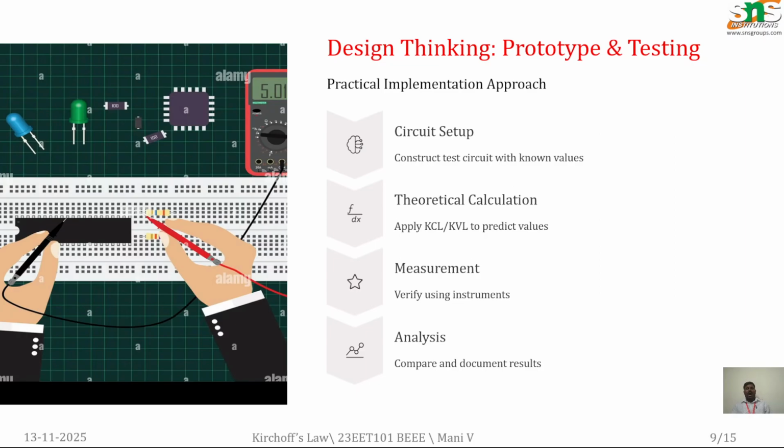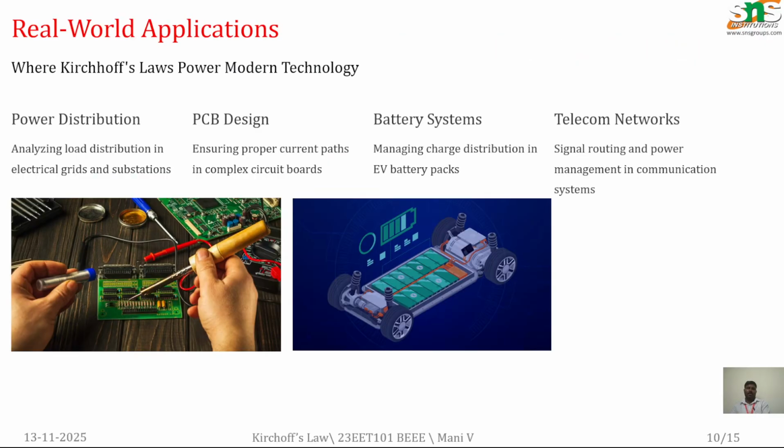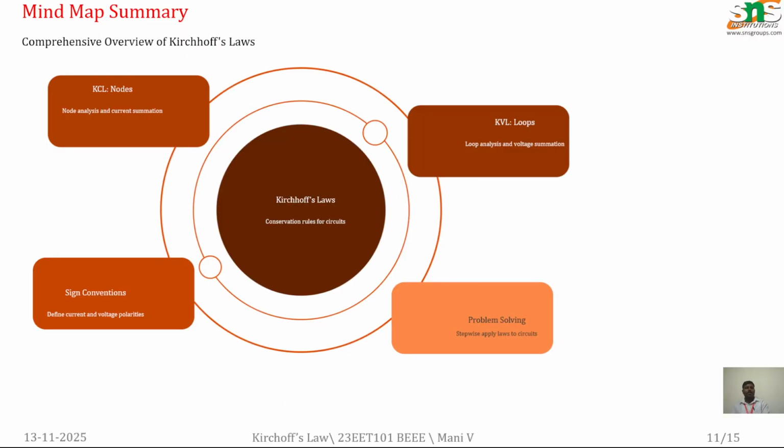You can compare the theoretical value with the practical value and see that both are the same. These are a few real world applications: power distribution, PCB design, battery management systems, and telecom networks.